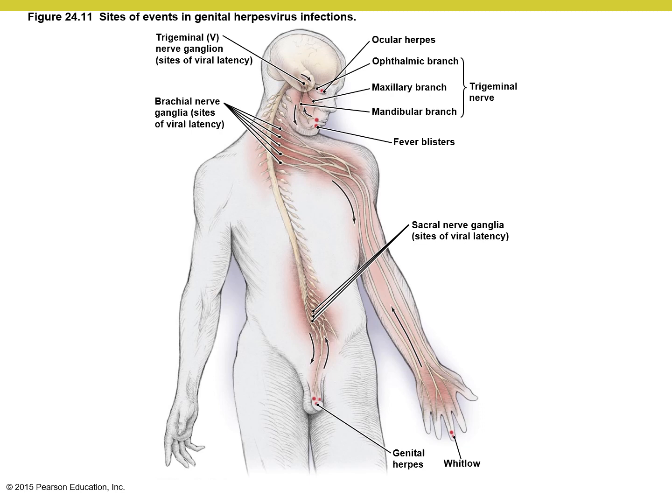We have the trigeminal nerves up here, and the virus may remain latent in the trigeminal nerves, in brachial nerves, or in sacral ganglia, before traveling down to cause recurrent symptoms in the lips, genitalia, fingers, or the face.